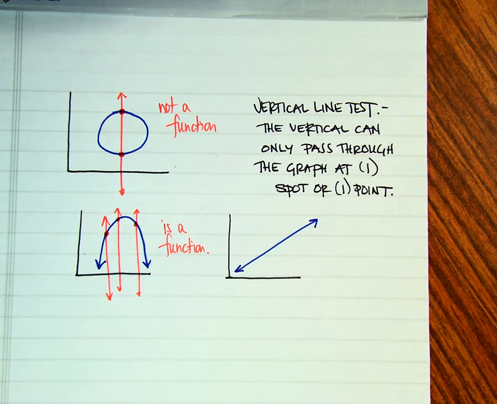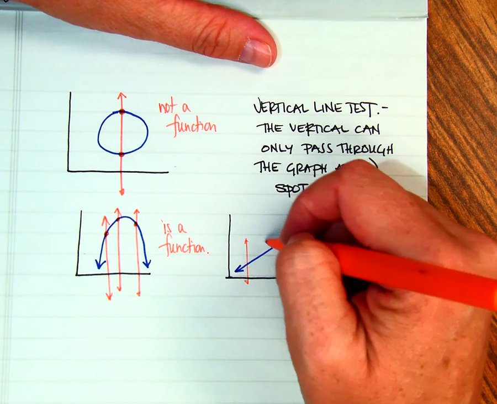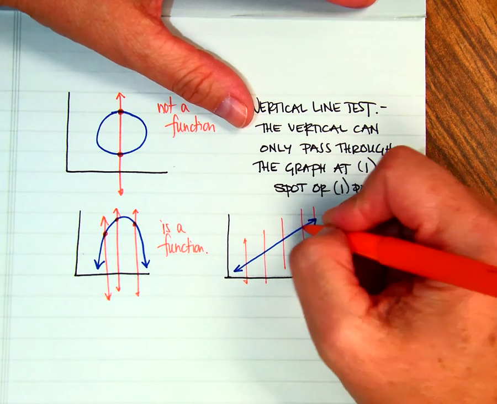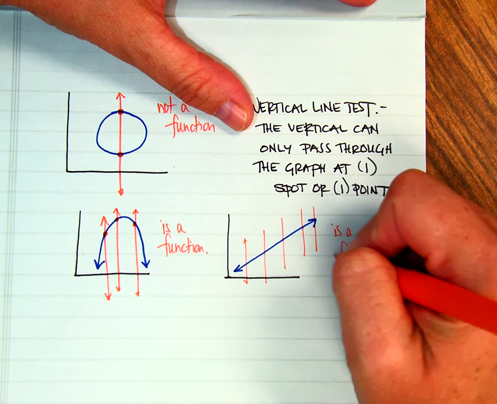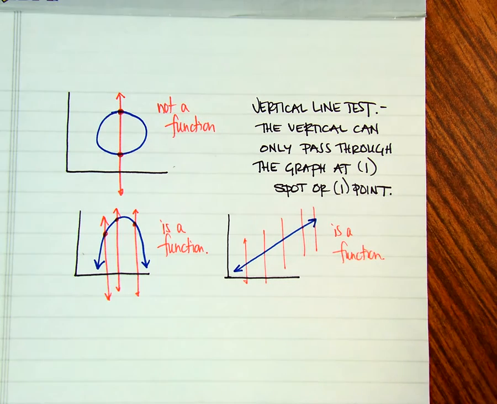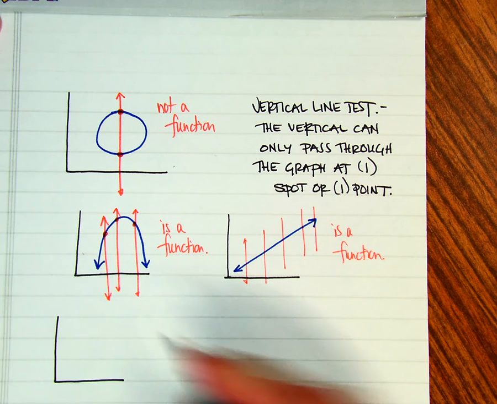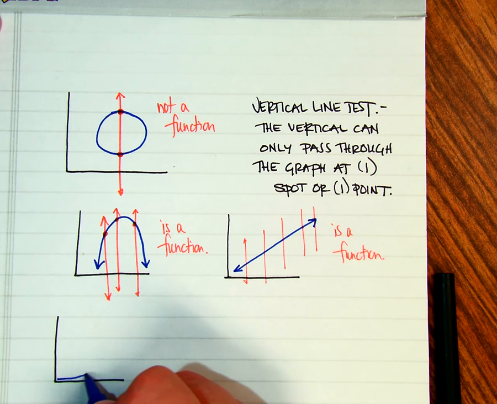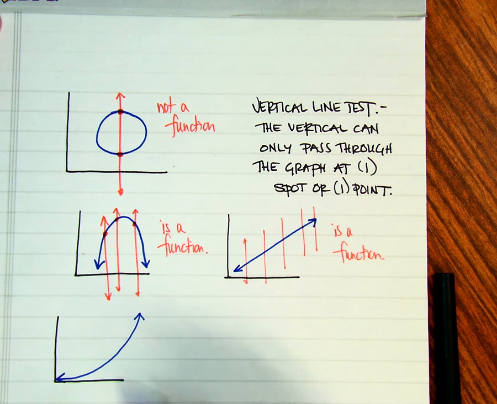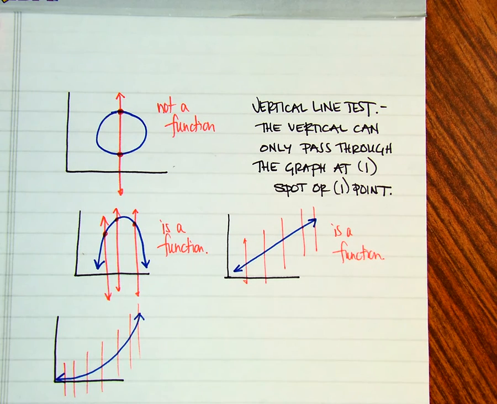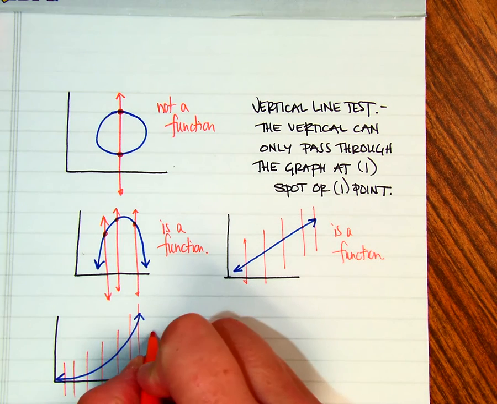Okay, so if I have a graph of a line, if I check with my vertical line test, no matter where I draw my vertical line, it only intersects at one point, so this is also a function. If I have a graph that looks like that, again, no matter where I draw my vertical line, it's only going to intersect at one point, so this is also a function.